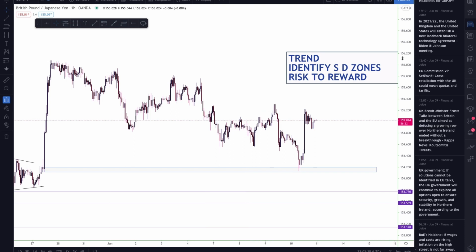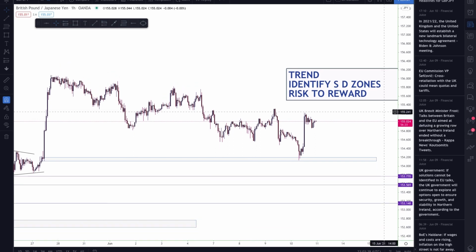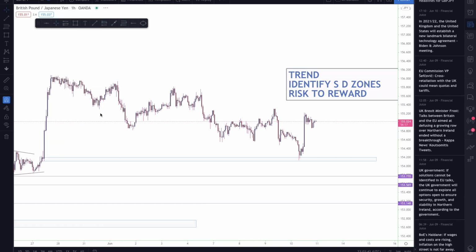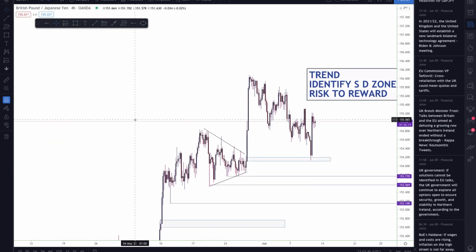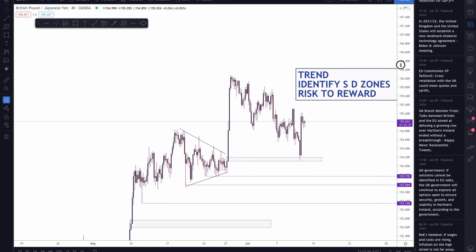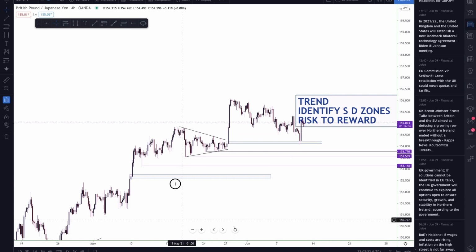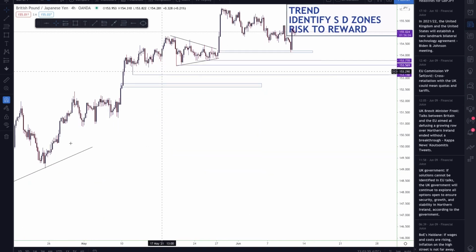With this pair, the main trend was, let me zoom on to the bigger time frame for us to see the trend. The trend here was an uptrend. As you can see, it's an obvious uptrend, creating a whole lot of higher highs and higher lows.